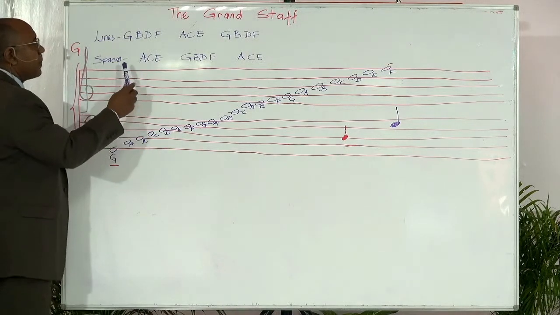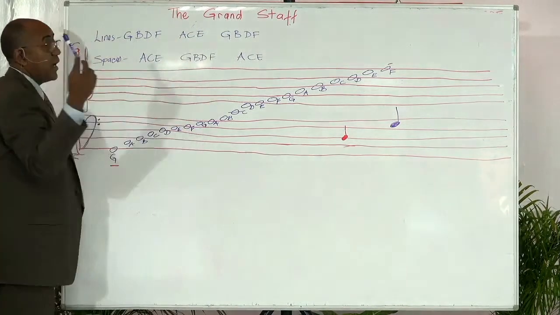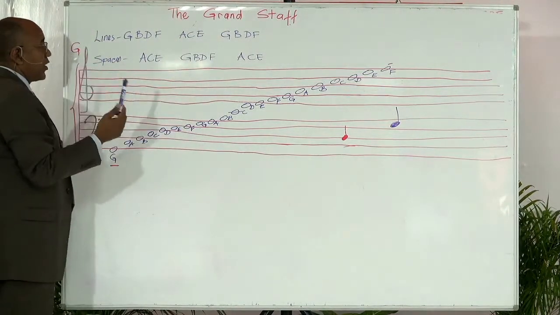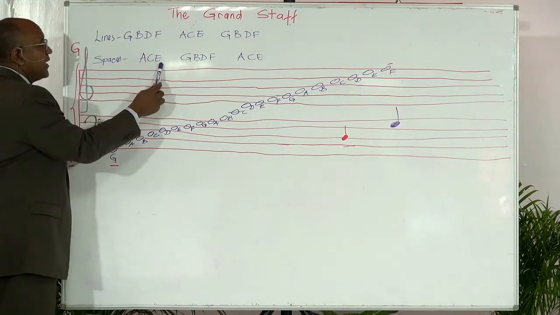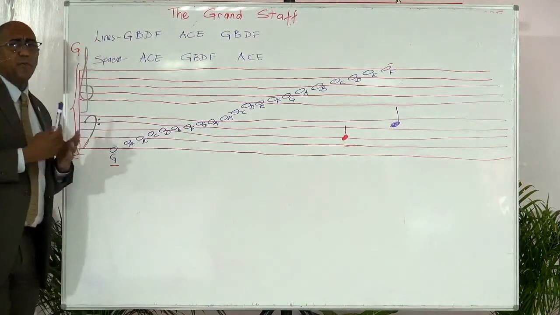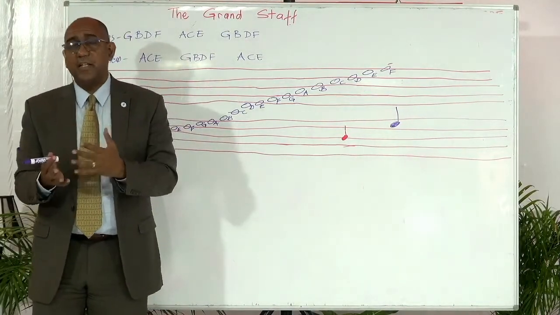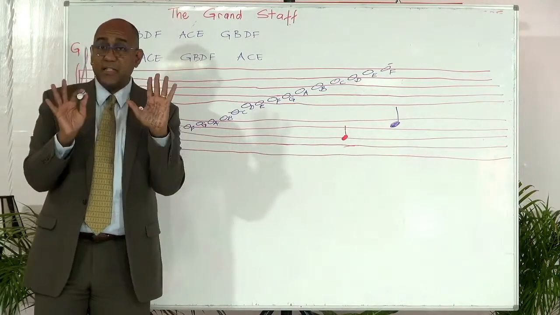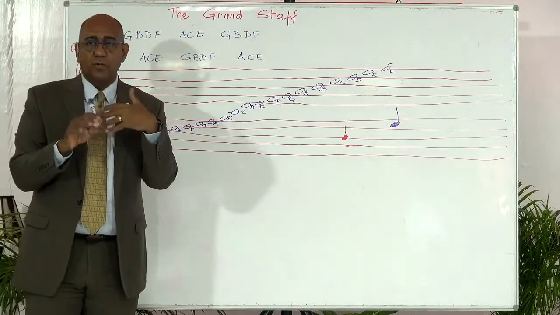Now remember, G, B, D, F, A, C, E, G, B, D, F are the lines. Our spaces will be the opposite: A, C, E, G, B, D, F, A, C, E. So all you have to really remember is G, B, D, F, A, C, E. That's it.